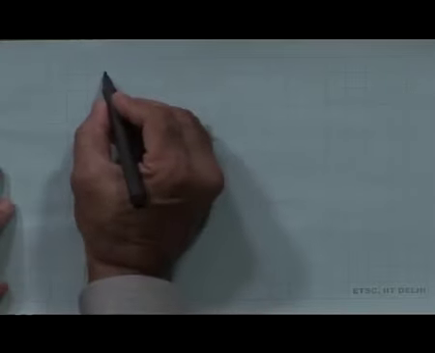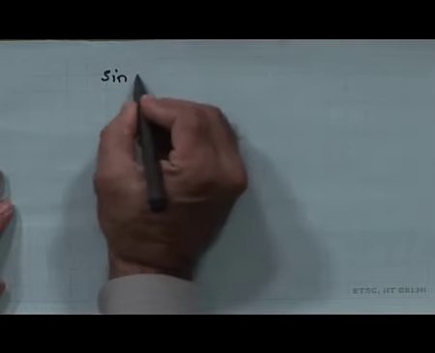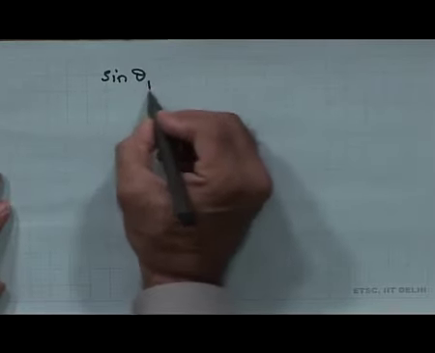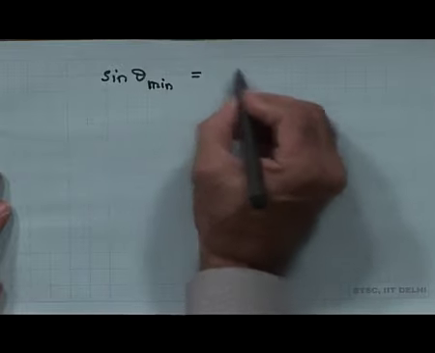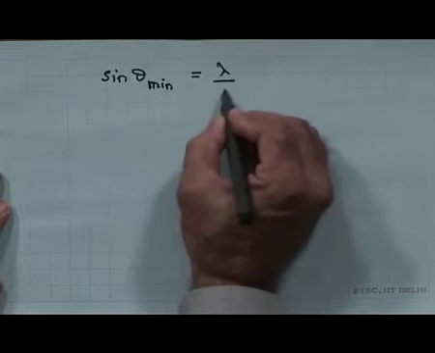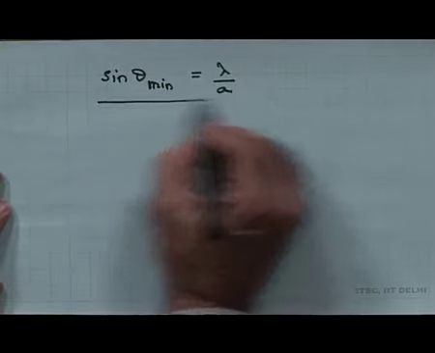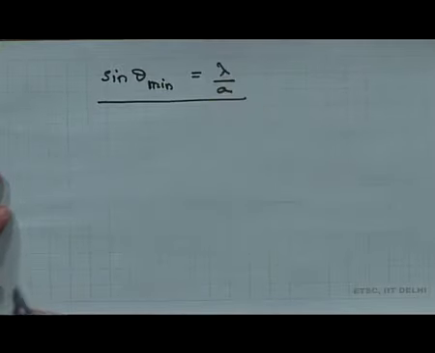For the first minima, sin theta min is equal to lambda by a. Now, let us see what kind of numbers we are talking of.